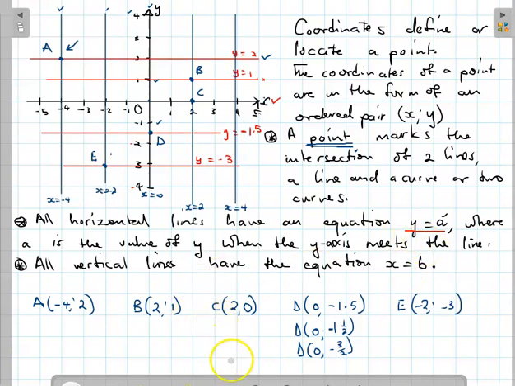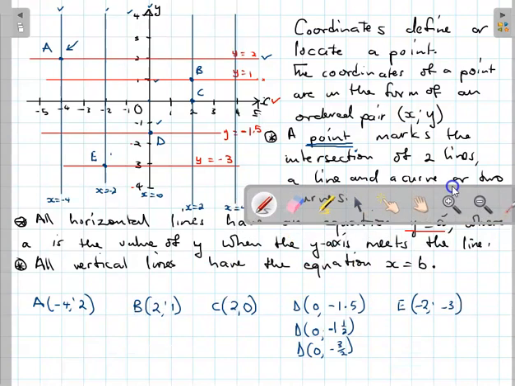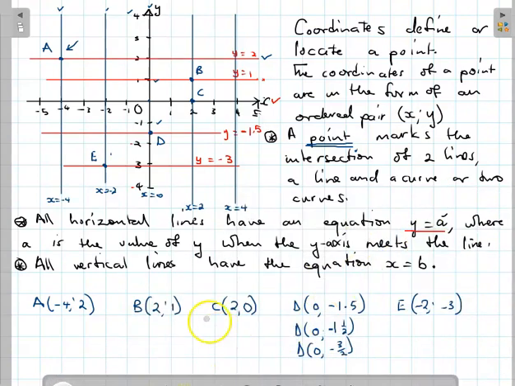Now, what if a question comes and you are tasked with drawing or marking the points? Someone asks you to mark the points.